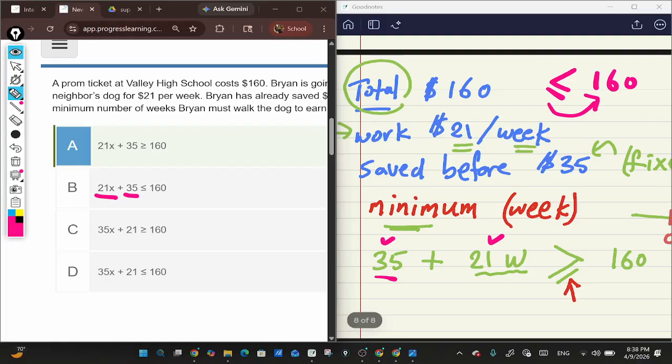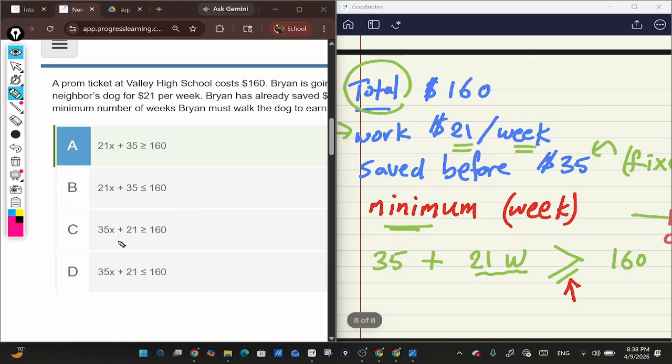But the less than gives this person another option to work certain weeks and get less than 160, for example 159 or less. But if he gets less than 160, he will not be able to get the ticket. So this is not the right option.